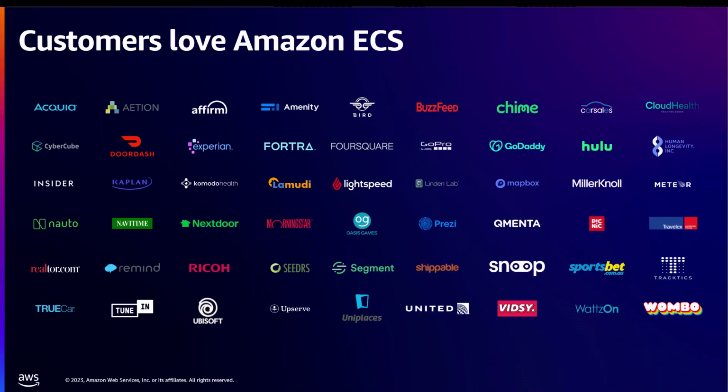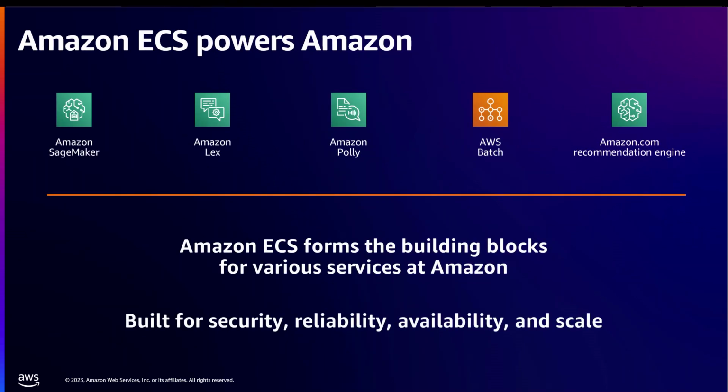Our customers love ECS, from all different segments, small companies, large companies, Fortune whatever it may be. Everybody uses ECS in some kind of way, but it's not only external customers. Amazon ECS is also an integral part of how we build services internally in our company.